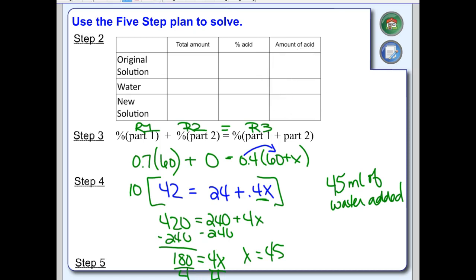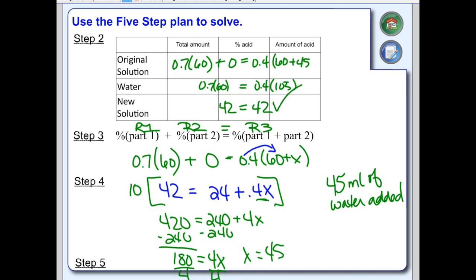Okay, we've got 0.7 times 60 plus 0 equals, and now this is going to be 0.4 times 60 plus 45, 0.4 times 105. All right, 0.7 times 60, and this is 42, and I promise if you do the math over there, it's 42. So there's your check.